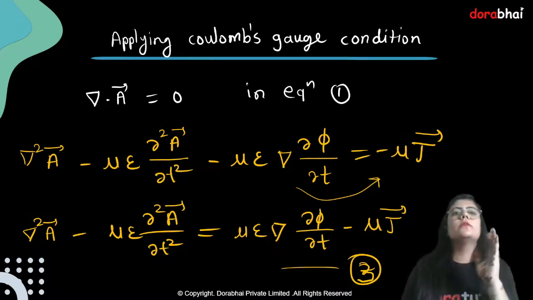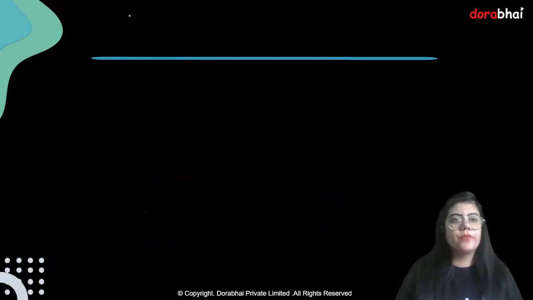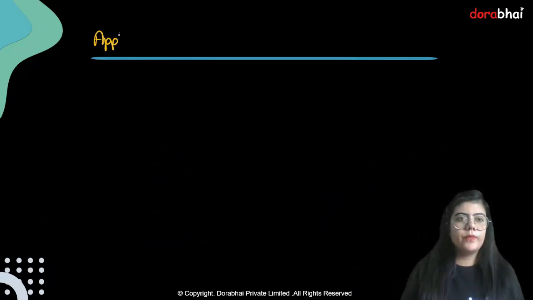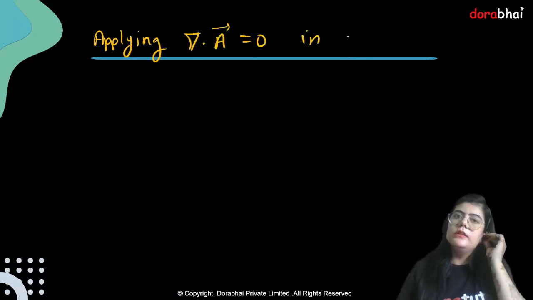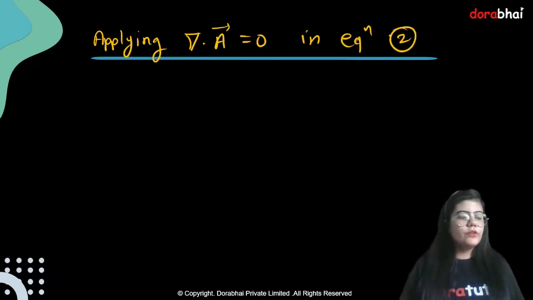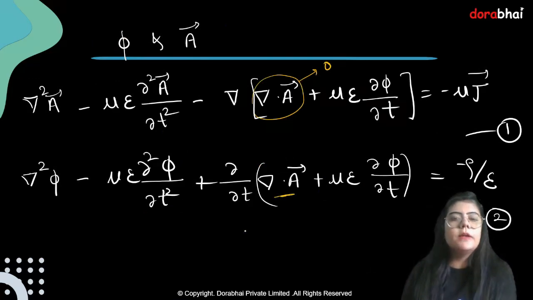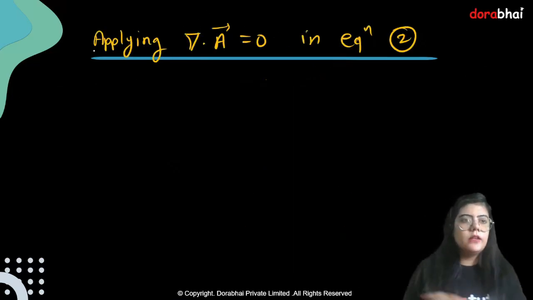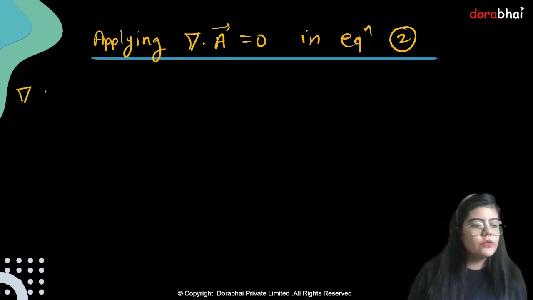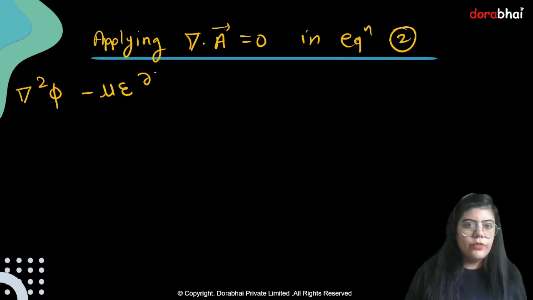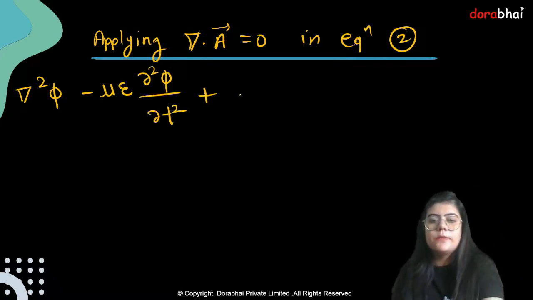Now let's apply Coulomb's gauge condition in equation 2. Applying ∇·A bar equal to 0 in equation 2, what will we get? Here this value will become 0, right? And the remaining values will be as they are. So ∇²φ − με ∂²φ/∂t² plus.